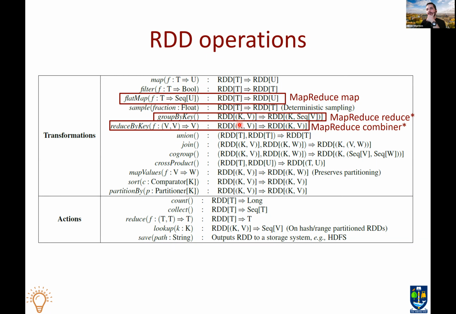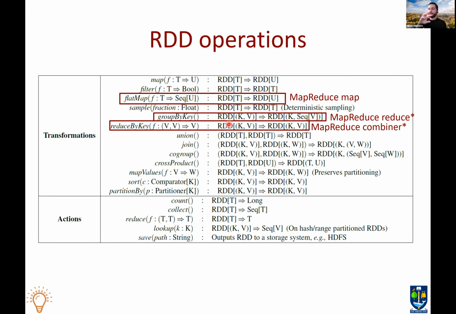Both of these can be thought of as being the equivalent of map reduce, or combiner to some extent. I have these stars up here because you might see these mappings online too, if you look around, but this is not exactly correct, because you don't really have a way in Spark to tell it to run this reduction on the left side of the flow. Like in map we had the mapper.